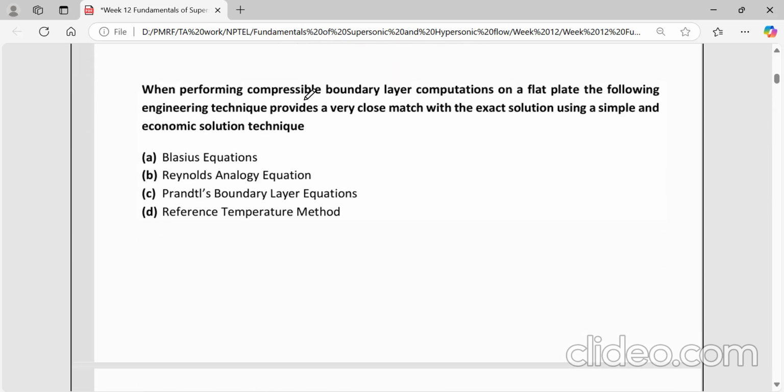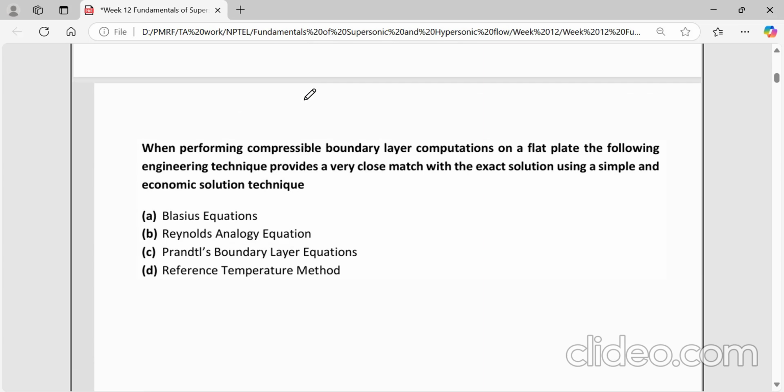We will see the next problem now. When performing compressible boundary layer computation on a flat plate, the following engineering technique provides a very close match with the exact solution using a simple and economic solution technique. Option A, Blasius equation. Option B, Reynolds analogy equation.